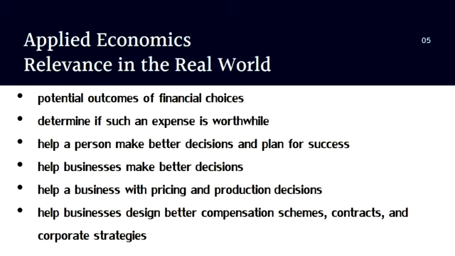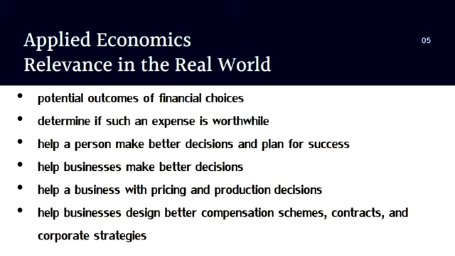So applied economics can help businesses make better decisions. Understanding the implications of economic laws of supply and demand, combined with past sales data and marketing research regarding their target market, can help a business with pricing and production decisions.